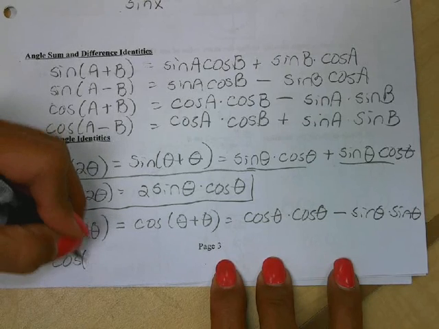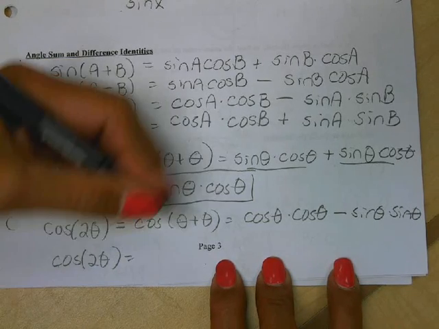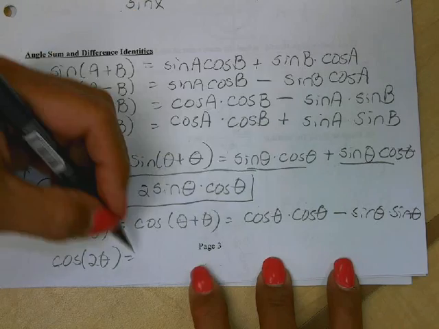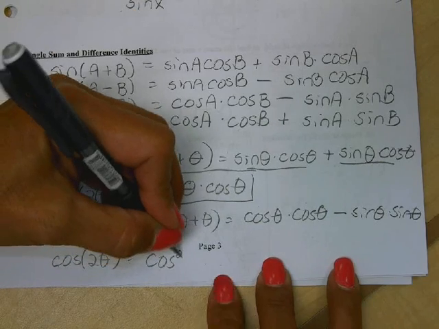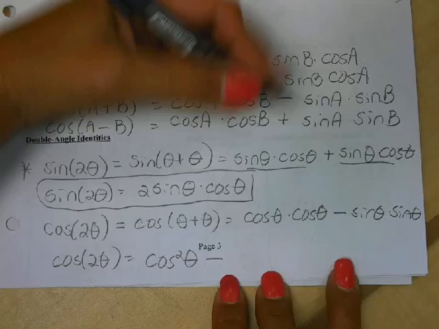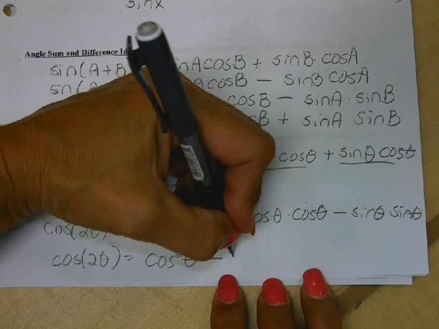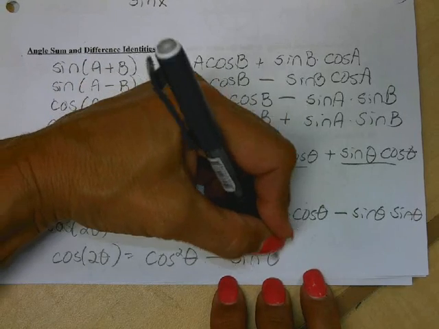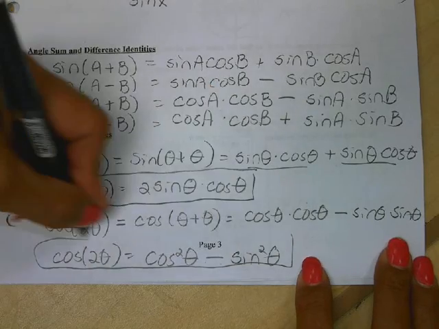And so if we simplify that, we find the double angle identity for cosine is cosine of theta times cosine of theta, which we can write as cosine squared of theta, minus sine of theta times sine of theta, which we can rewrite as sine squared of theta.